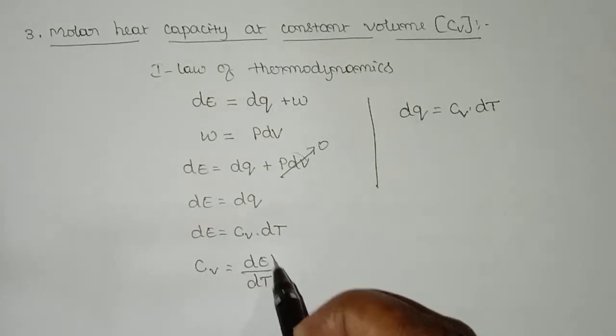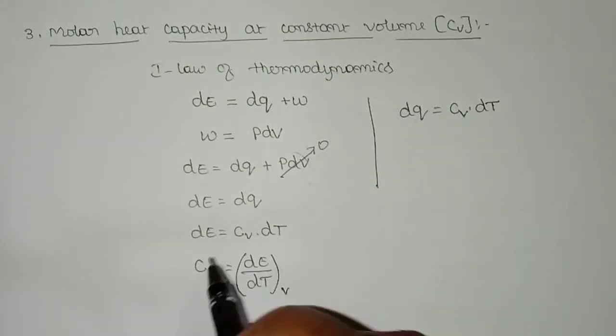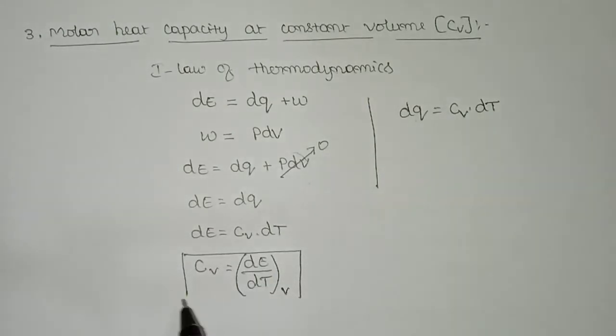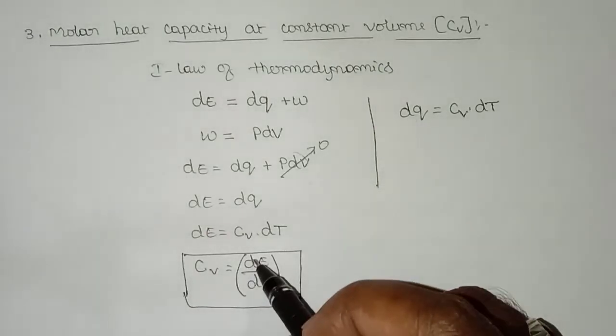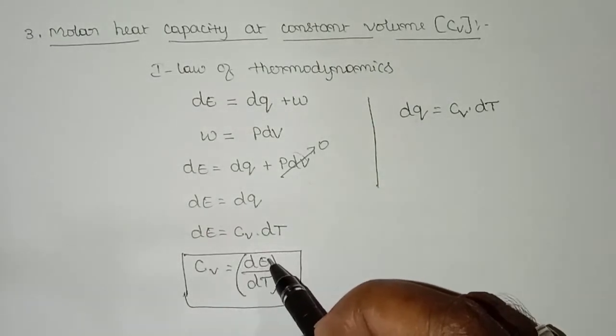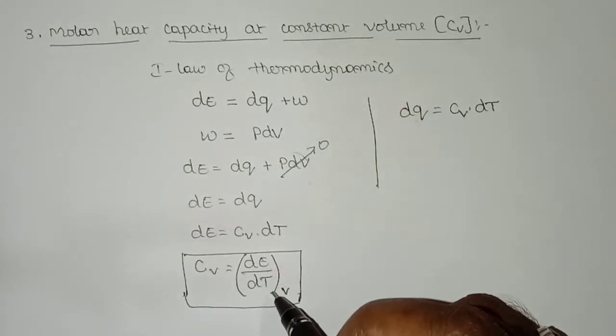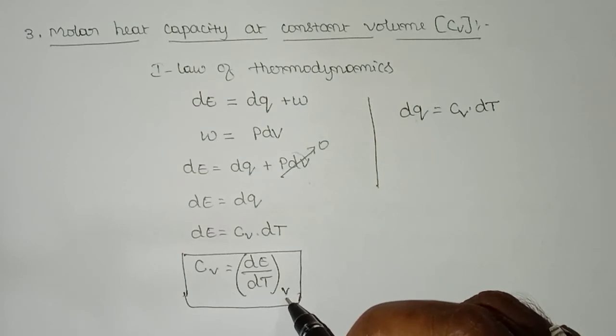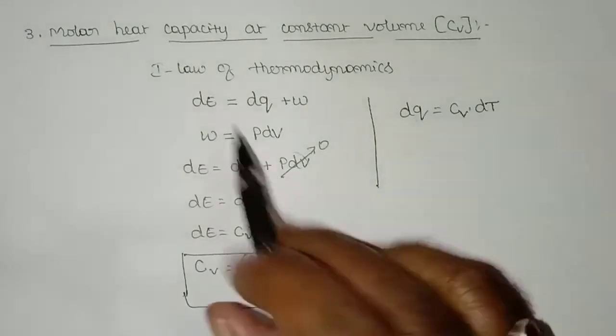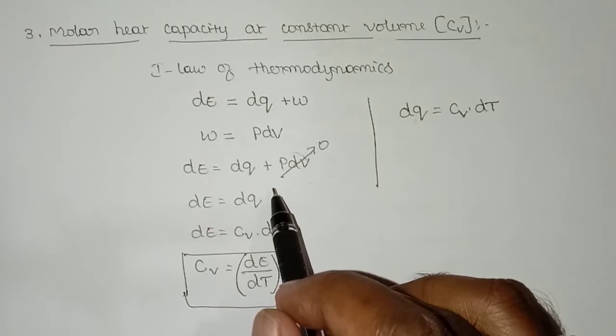Since we are maintaining constant volume, this is the simplified mathematical form that we can give for Cv, wherein we can say that it is the ratio of the small change in internal energy to the small change in temperature that occurs in a system at a given constant volume, which is the molar heat capacity at constant volume.